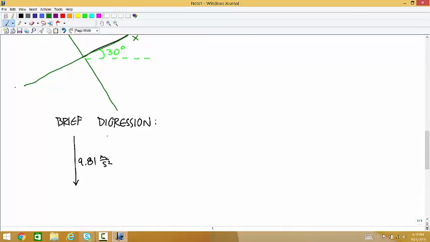And we always use a coordinate system like this. And so the g vector is, you can think of this angle as 270 degrees or negative 90 degrees.